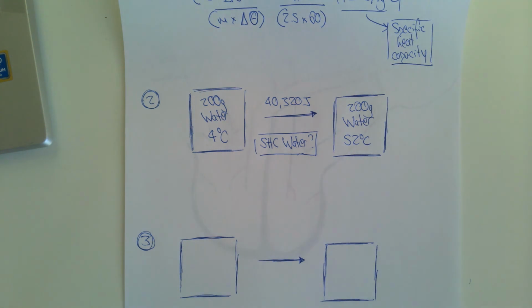So, we know from previous questions the specific heat capacity of water is 4,200. But can we prove it using this example?